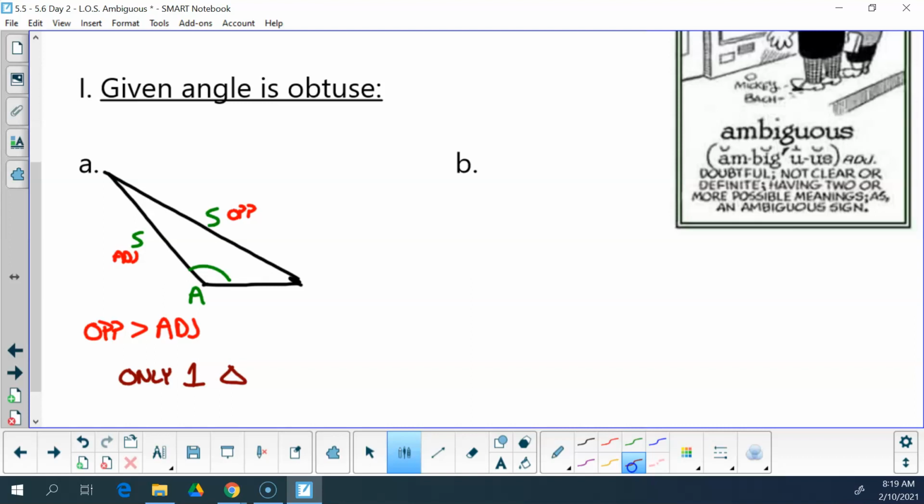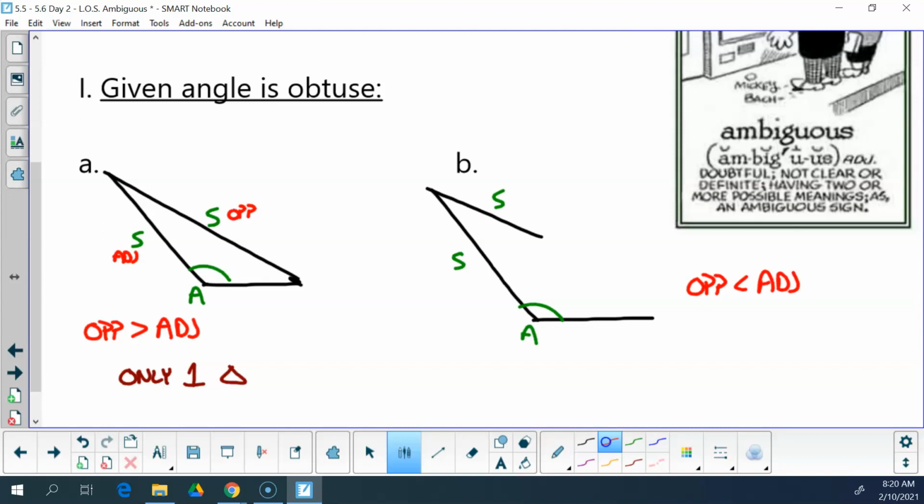Same scenario. There's my angle. There's my two sides. But now my opposite side is less than my adjacent side. That's going to give me no triangle formed.